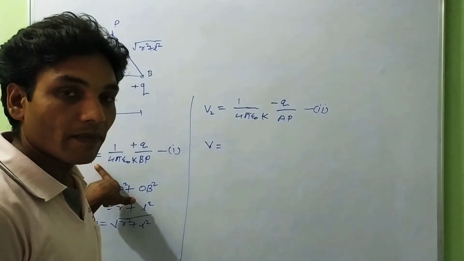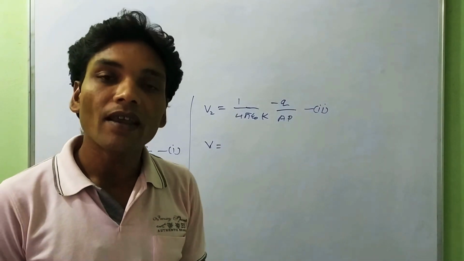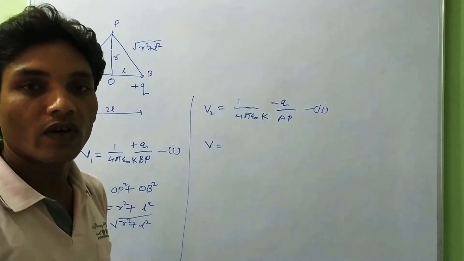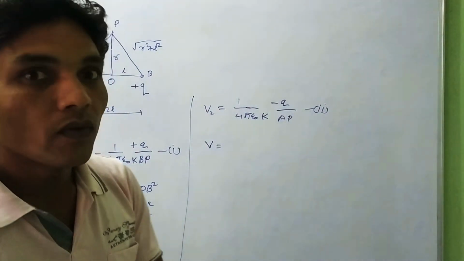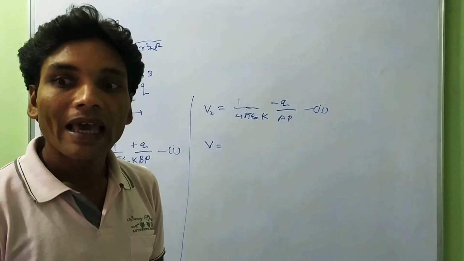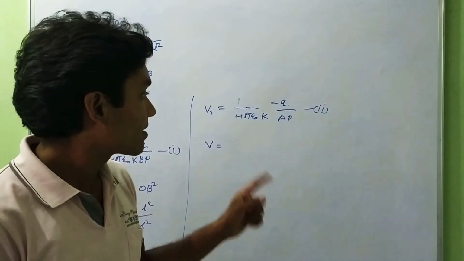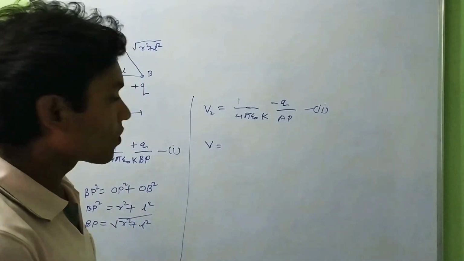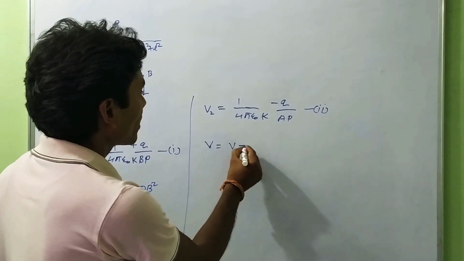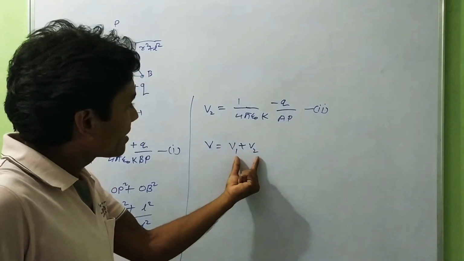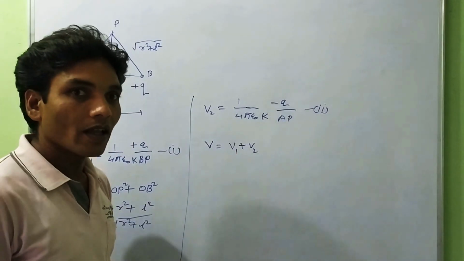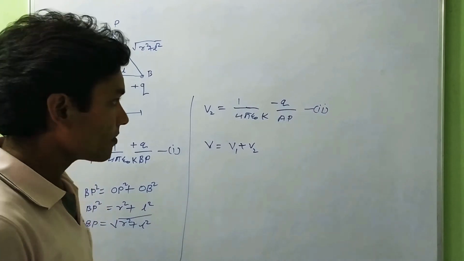V1 is the potential, and we know that potential is a scalar quantity, so V2 will also be a scalar quantity. So to find the sum of two scalar quantities, algebraic addition is applied. So the total electric potential at that point will be V1 plus V2. This is the equivalent potential.